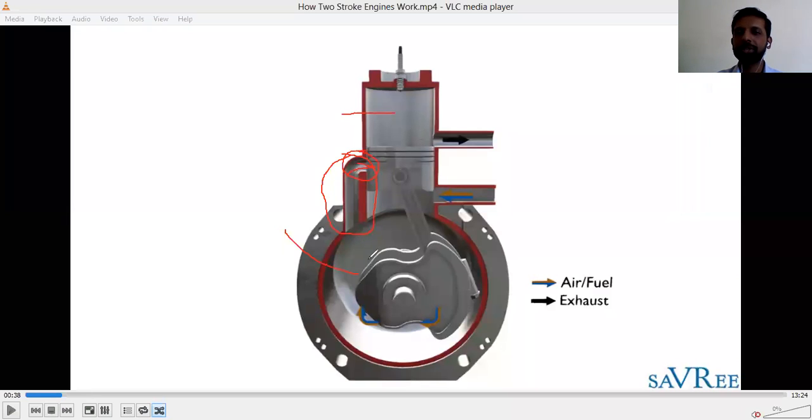But in a two-stroke engine, there is an opening where something can be moved between these two regions. That movement is done through the transfer port which is present over here.